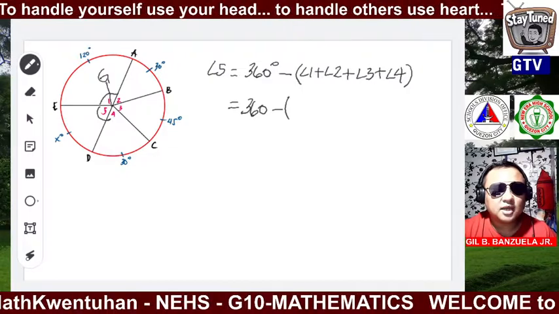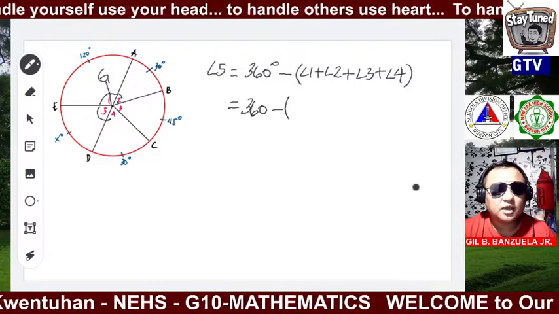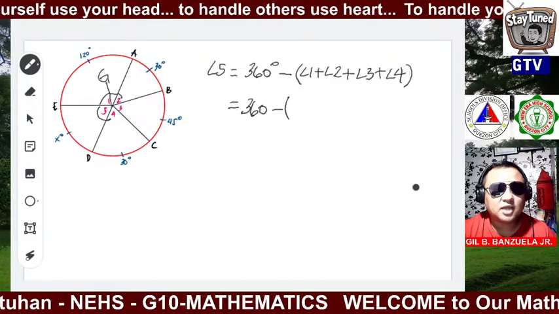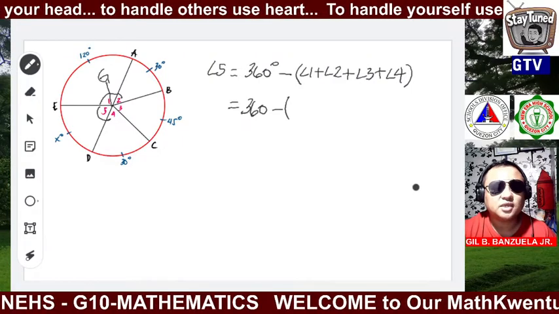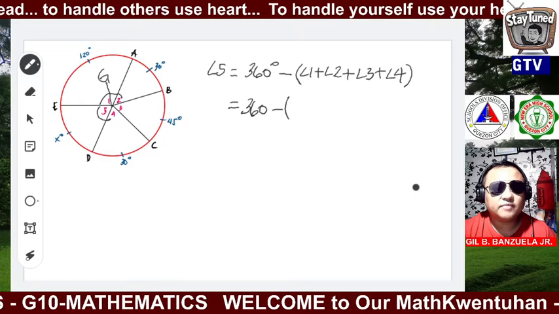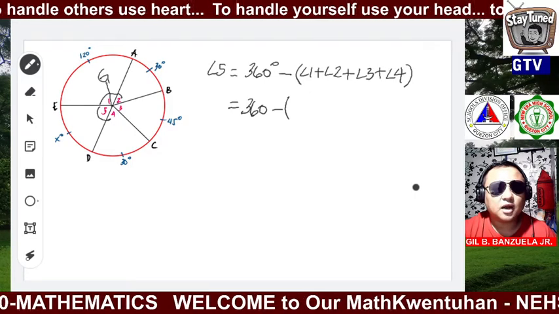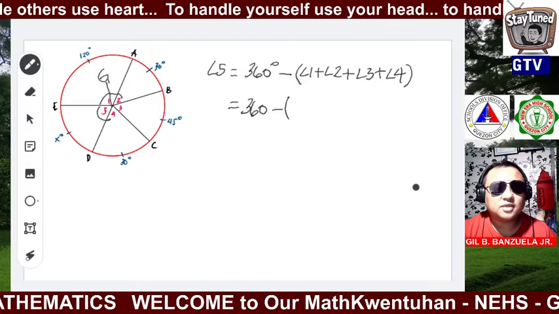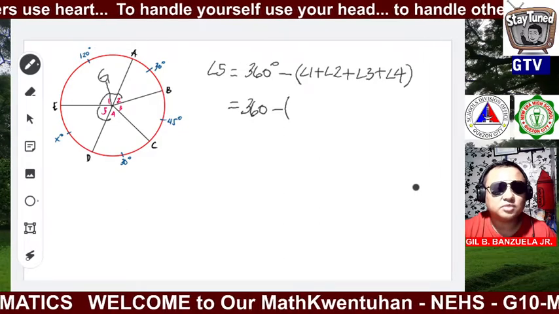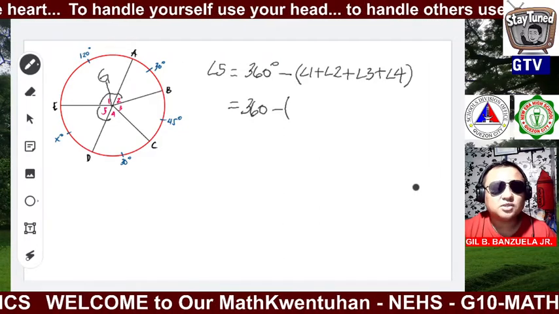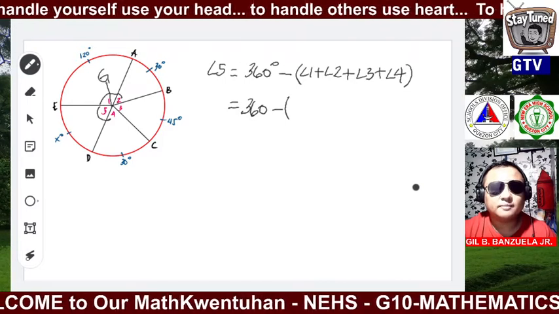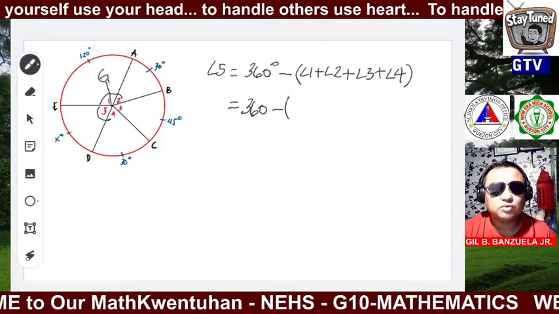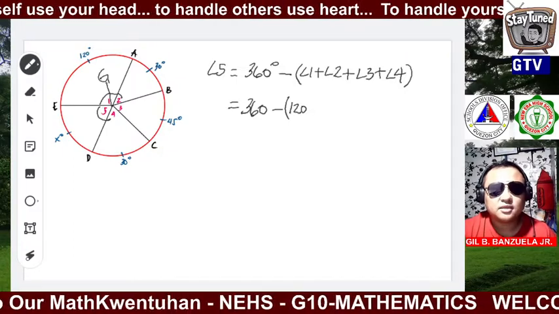So since angle 1 intercepts arc AE, and since angle 1, 2, 3, 4, and 5 are all central angles, according to the definition, the intercepted arc of a central angle is equal to its measure. So therefore, since arc AE is 120 degrees, therefore, angle 1 is 120 degrees.